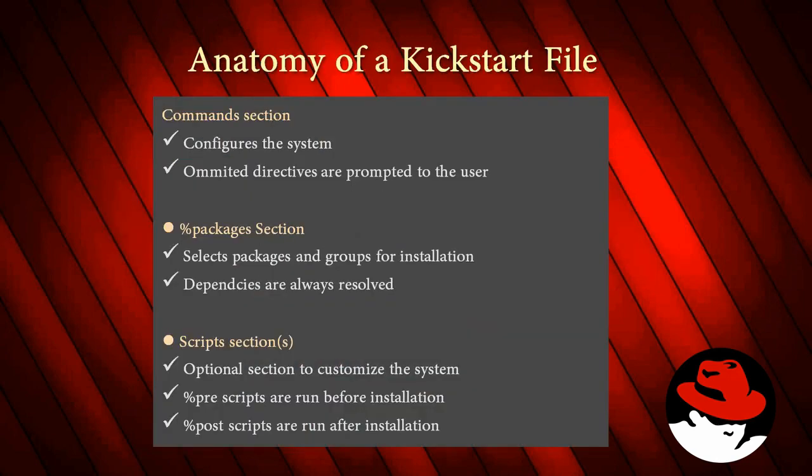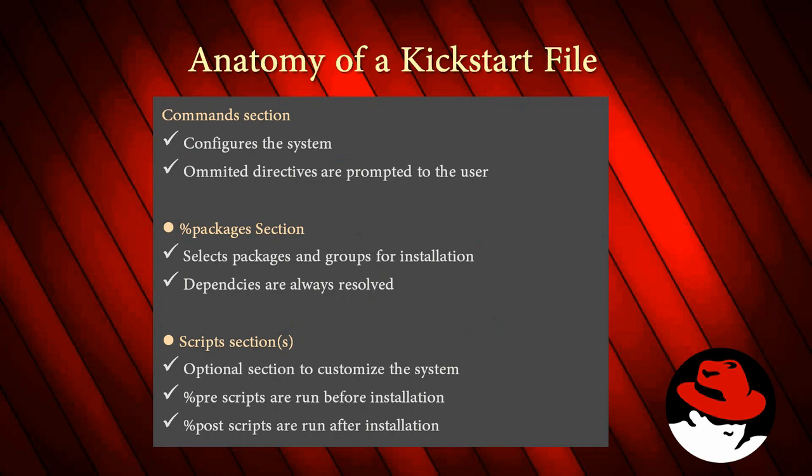Then there comes the anatomy of the Kickstart file: the command section, the package section, the script section. The Kickstart file consists of several sections. In the first section, the system is configured. If one of the mandatory directives is omitted, Anaconda will automatically prompt the user. After that, it continues with Kickstart. The command section configures the system.